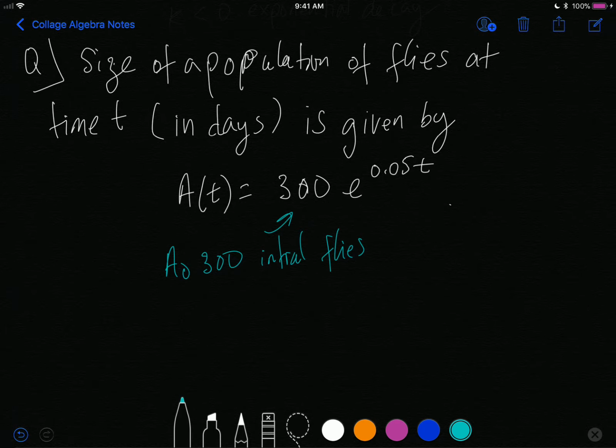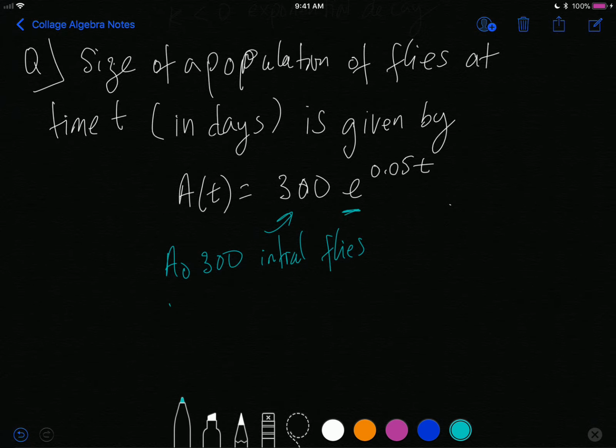Now you have an e right here. This tells us that we have exponential growth or decay. And what we have right here is what we call uninhibited growth. Basically, the flies have as much of everything they need, and so they'll grow as fast as they possibly can. Under that situation, e is the base that we use.